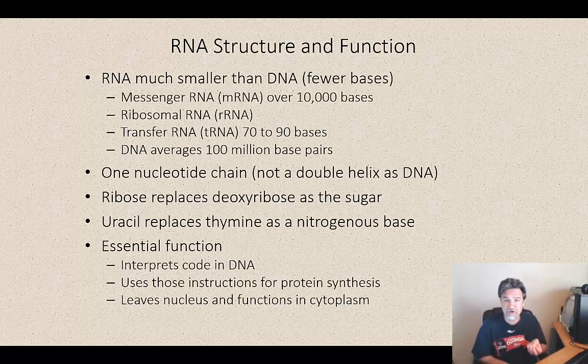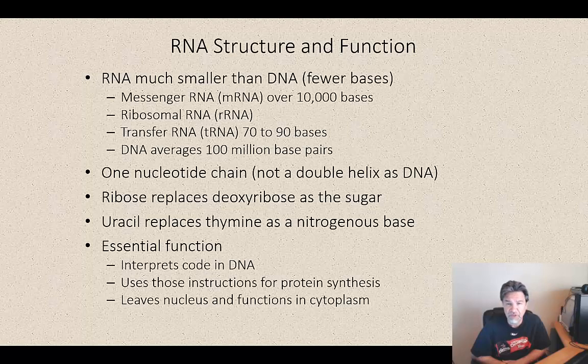So the messenger RNA that's been made has to exit across the nuclear membrane and into the cytoplasm to interact with ribosomes that make up most of the ribosomal RNA that is found in the cytoplasm, either free or attached to the rough endoplasmic reticulum. The third type of RNA is transfer RNA.